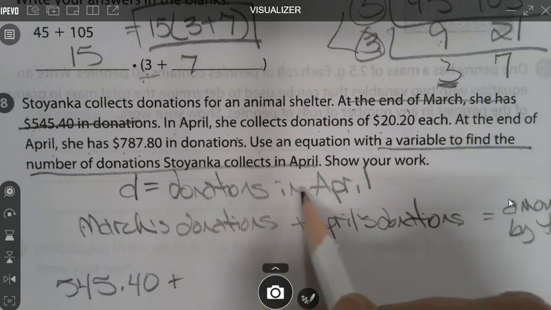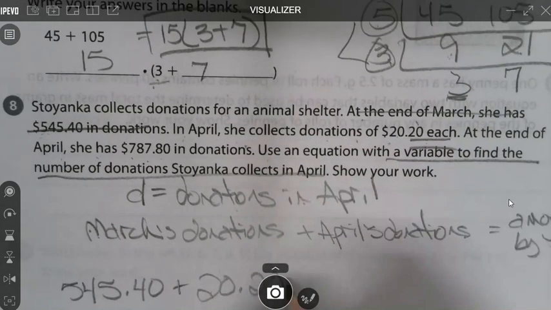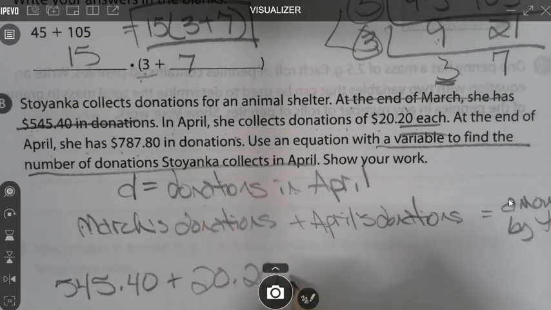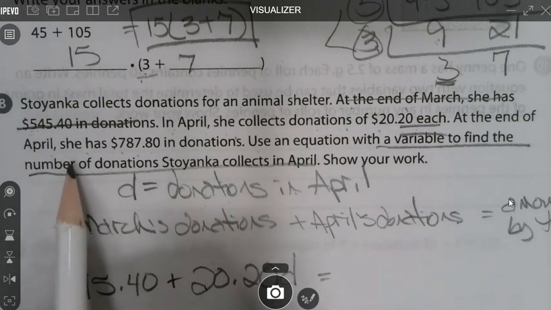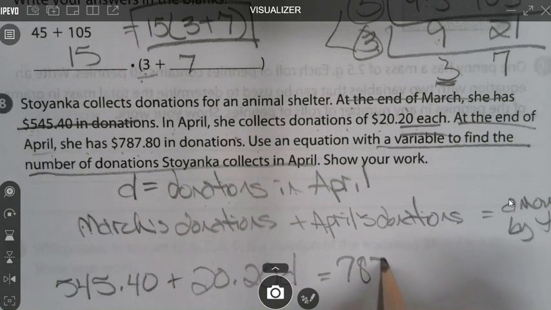So they're donations in April. So that would be 20.20 each, means every single time, each donation. And then all of that at the end of April she should have $787.80.